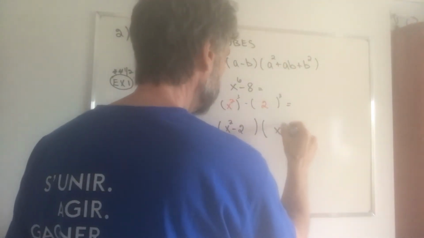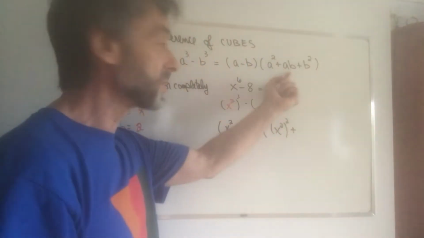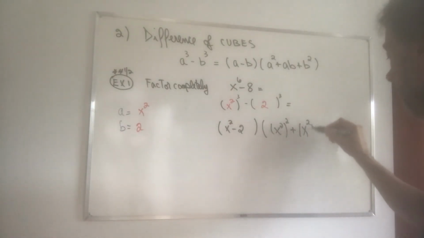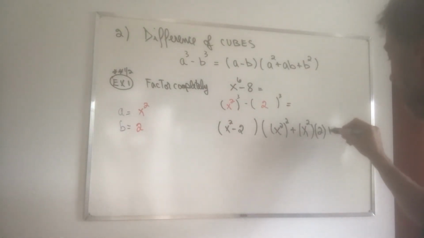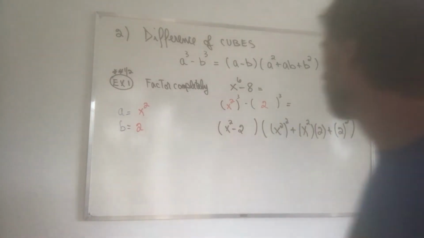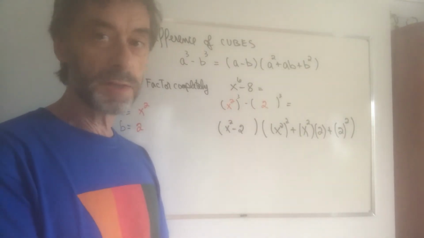So a squared is (x^2) squared, plus ab, so again x^2 times 2, plus b squared. And that is pretty much the correct expression.